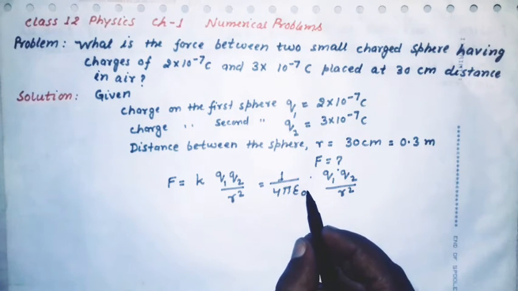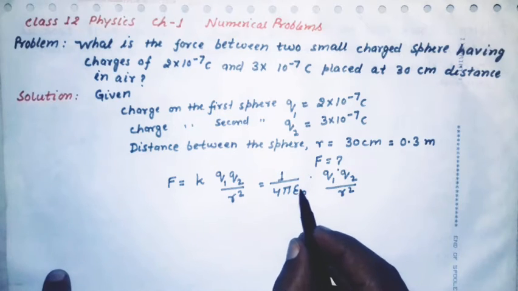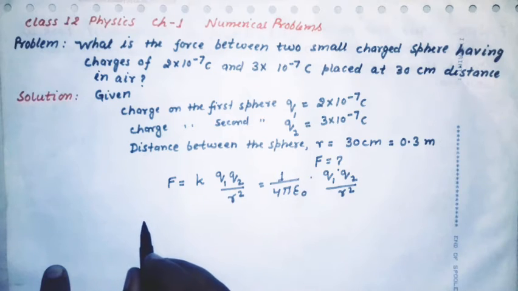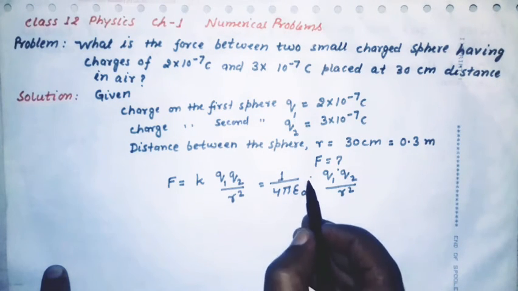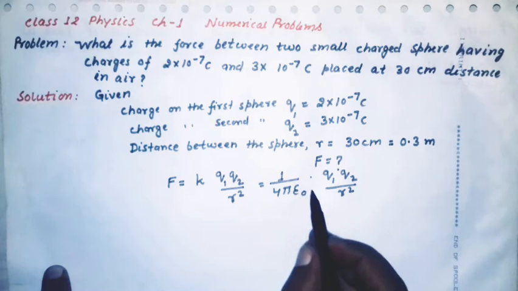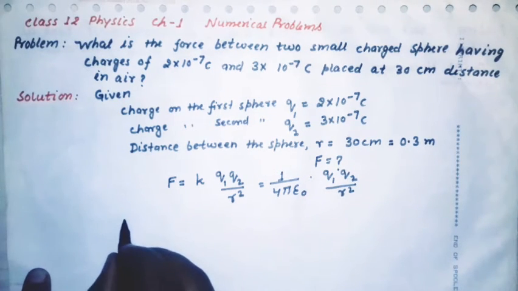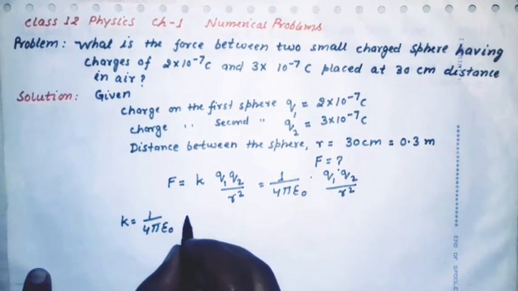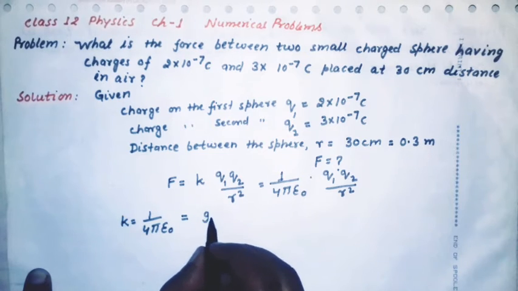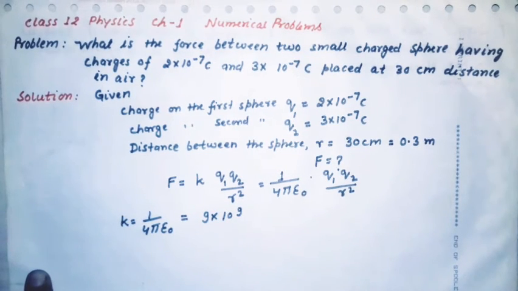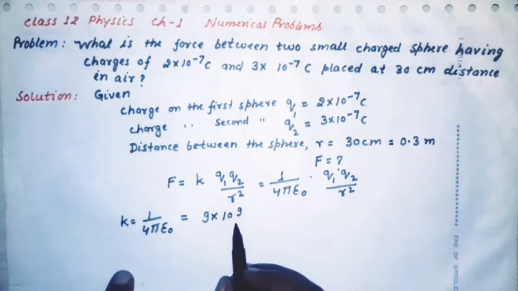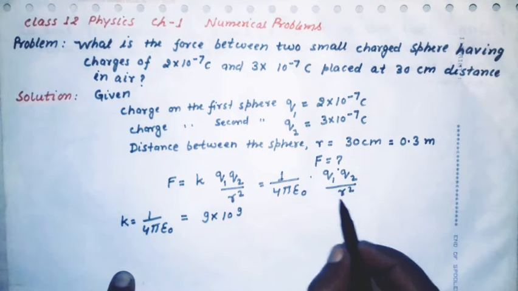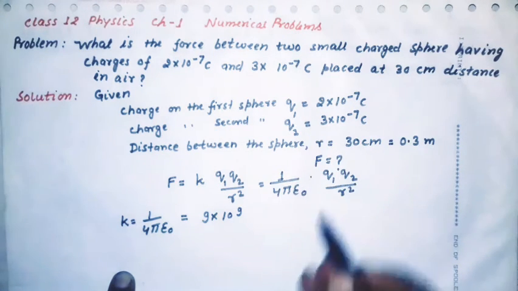This epsilon naught is the permittivity of free space, having value 8.85 × 10^-12, but we will put the value of this whole quantity K. The value of K equal to 1 upon 4 pi epsilon naught comes out to be 9 × 10^9. So now this quantity is known, this one is known, and the separation between them is known. So put down the values and solve it.